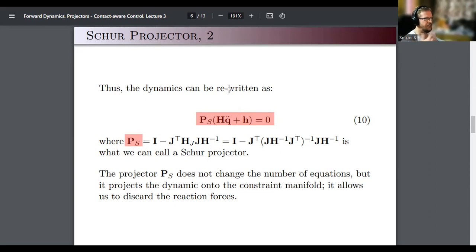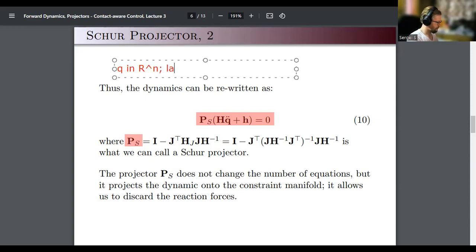Previously we have n plus k variables: q is in Rn, and lambda is in Rk. So we have n plus k variables, n plus k equations. Now here we have n variables and n equations. So economical, not only in terms of symbols, but also in terms of variables and number of equations. Very nice. Sounds very good.